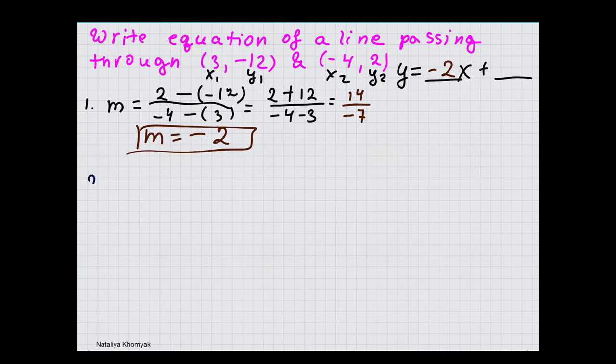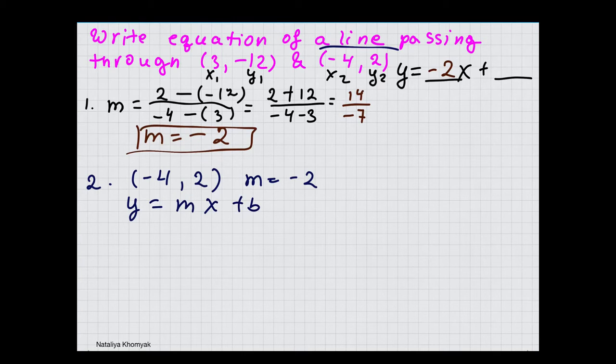Then we want to substitute one of the points. Let's take the smaller one, -4, 2. And slope, which is -2. We want to substitute this into y equals mx plus b.